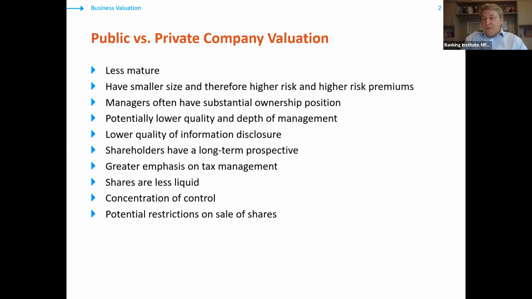Another thing, two things that we actually use in valuation directly: first, shares of private companies are less liquid. If I bought a share of Gazprom or Sberbank, I can sell them tomorrow morning at the market price, and there's no problem. There are no technical obstacles to do that.